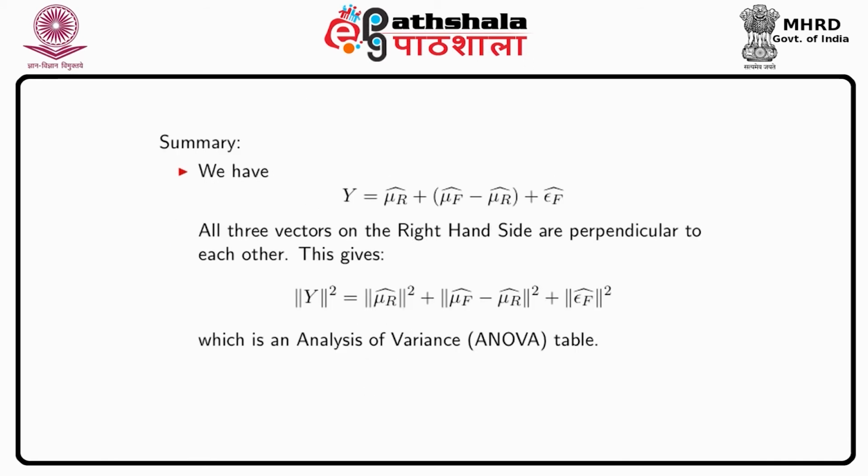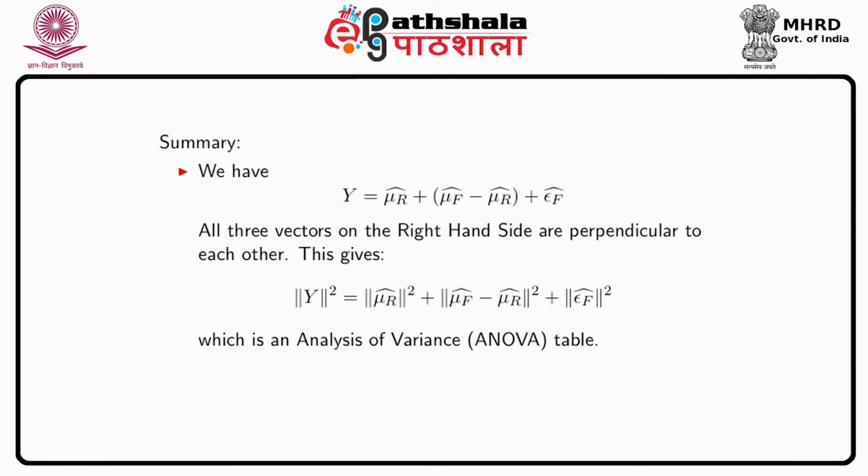So in summary, we have y written as a function of mu r hat, which is the estimated mean values from the reduced model, plus the difference between the estimated mean value of y between the full and the reduced model, plus the error term coming from the full model.